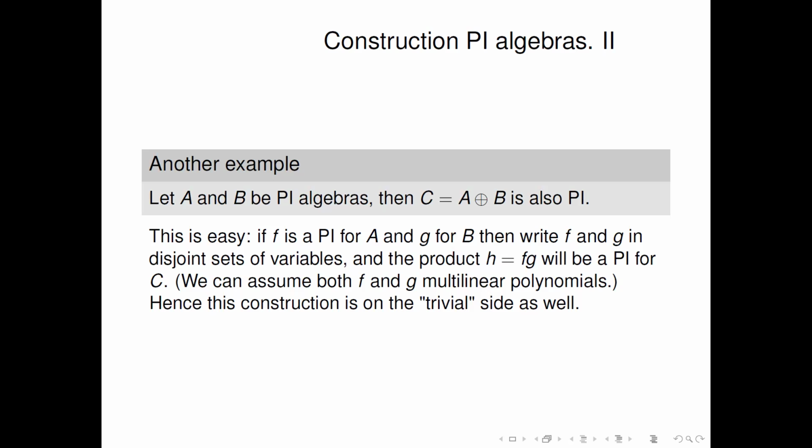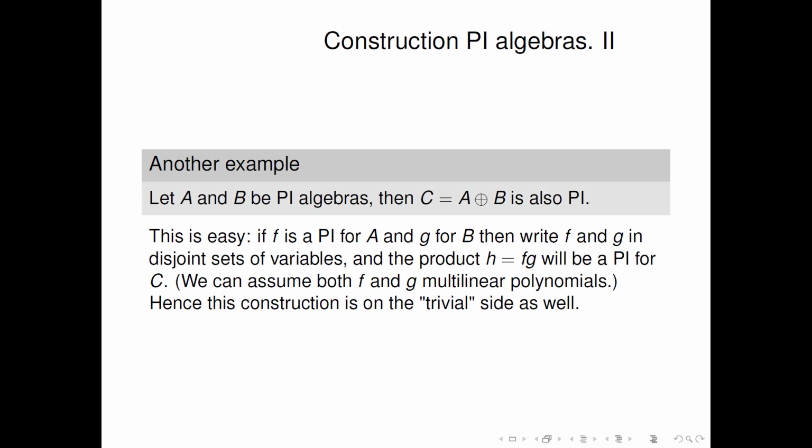That is linear homogeneous. This means every variable participates in every monomial in degree exactly 1. Then you take f an identity for A, g an identity for B, multilinear on disjoint sets of variables, and form their product.